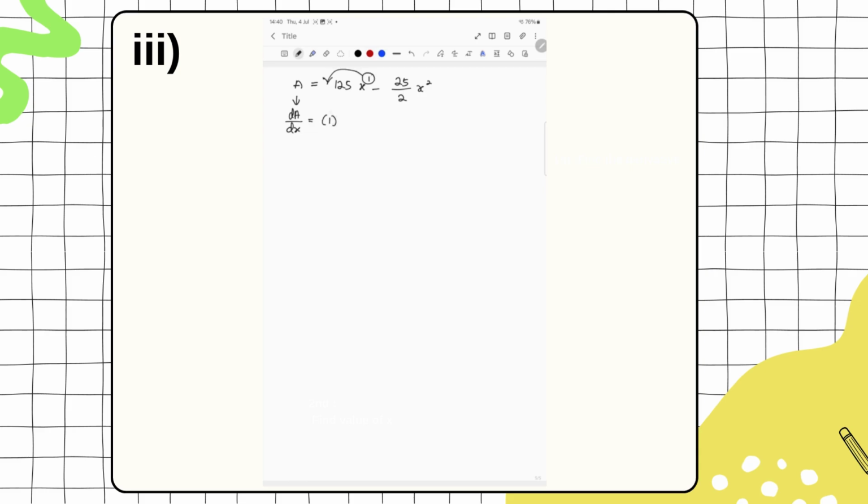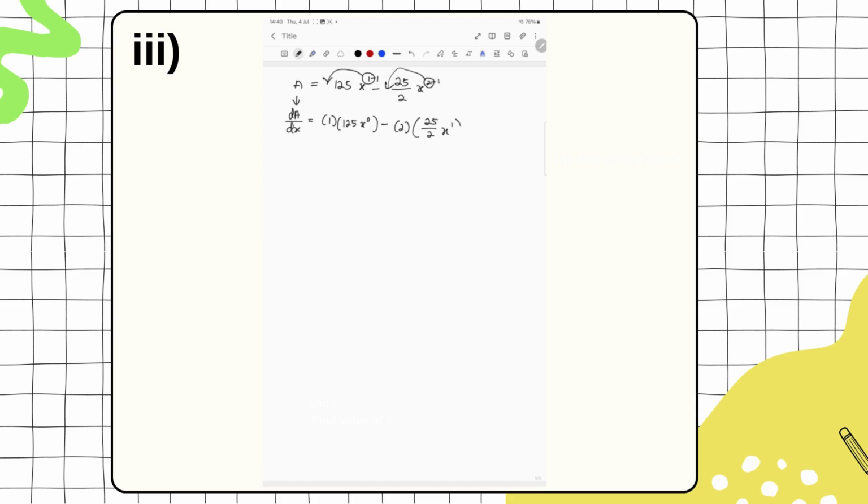Therefore, we write it like this, and then copy back 125, and the power of x we need to minus with 1. Therefore, we got x power of 1, and then we minus this power. Like the previous, we move the power in front. So write 2, and then copy back 25 over 2, and the power will minus with 1. Therefore, we got x with power of 1.